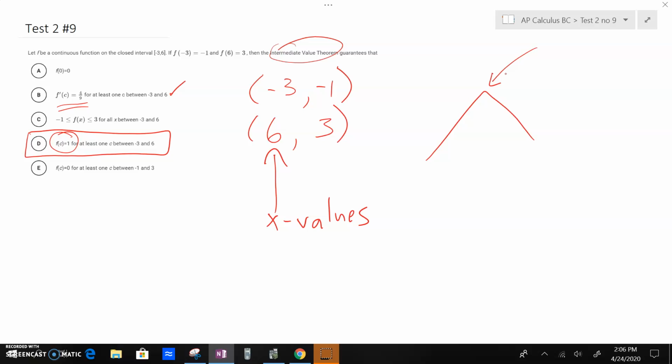So unless they tell you that it's differentiable everywhere, you can't use mean value theorem. And here they specifically asked you not to. They wouldn't have had to throw that in there, and you could have had to sort through that either way. So that's really it. There's no other computation to do on this one, and that is the second most missed one. So that was question 9.